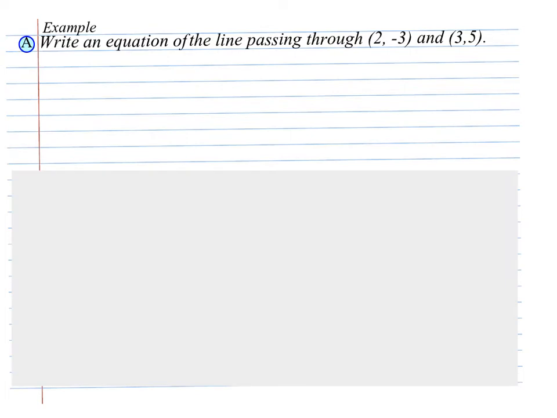For this one, we have to write an equation using these two points. We're going to use the knowledge from the previous example, and we're going to use the change of y over my change of x, aka my slope. I'm going to set up my equation. This is my x1, y1, x2, y2, and I'm going to substitute my values.